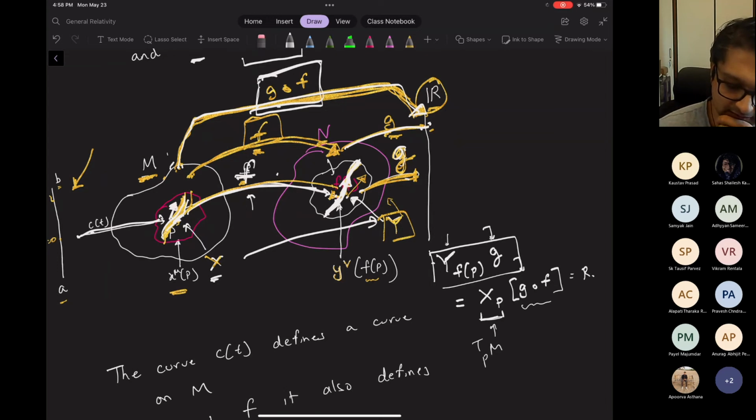Now, this relationship is true for any function g that I choose, and so these vectors are mapped to these vectors. Sorry, let me reverse that argument. Given x_p, I can get y at f(p).